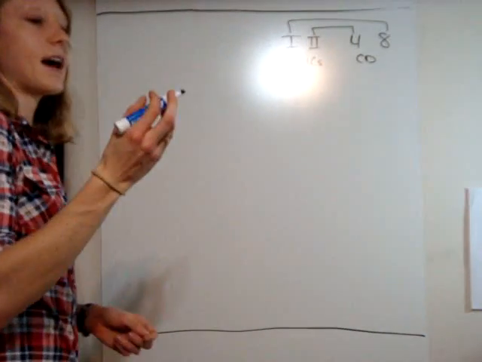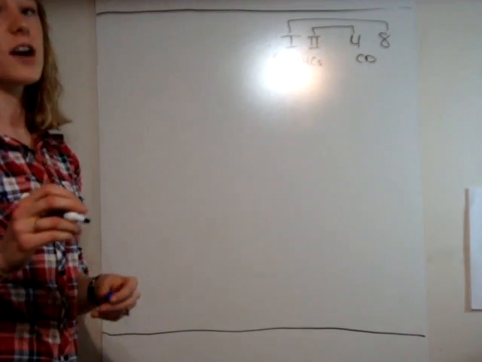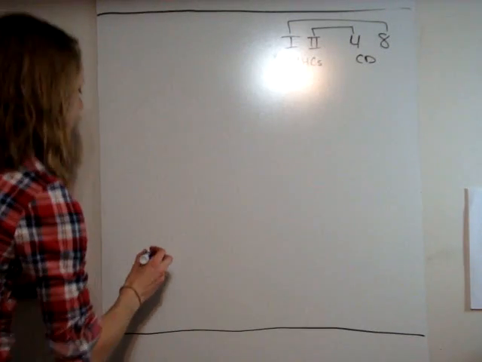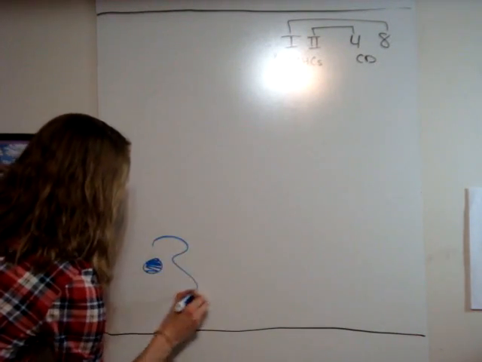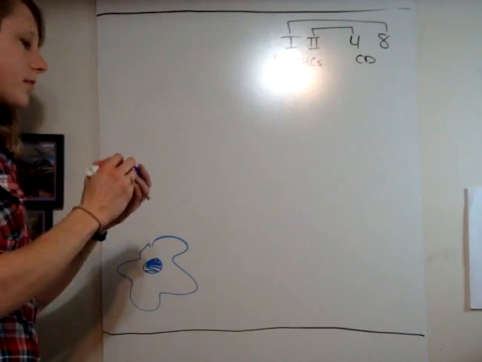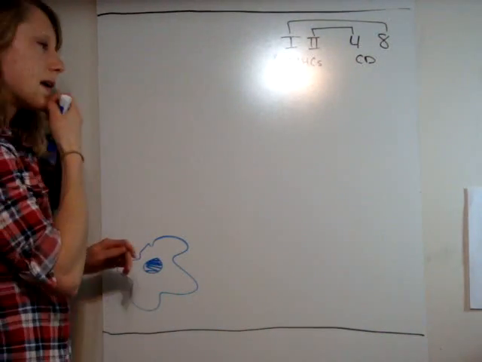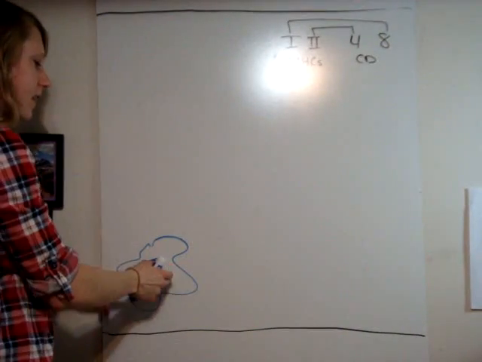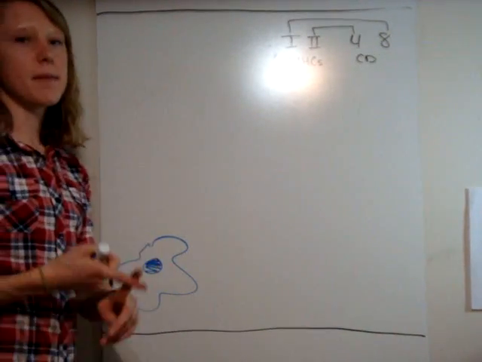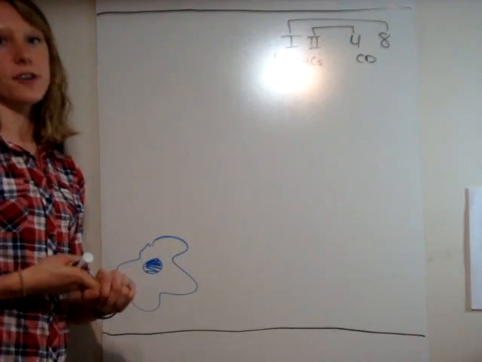The scenario that I'm going to do first is going to start with a phagocyte. So in this phagocyte right here, we're saying he's a phagocyte, so he could be a macrophage, dendritic cell, or a neutrophil.